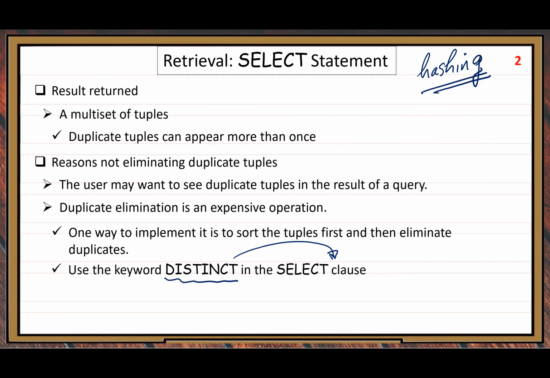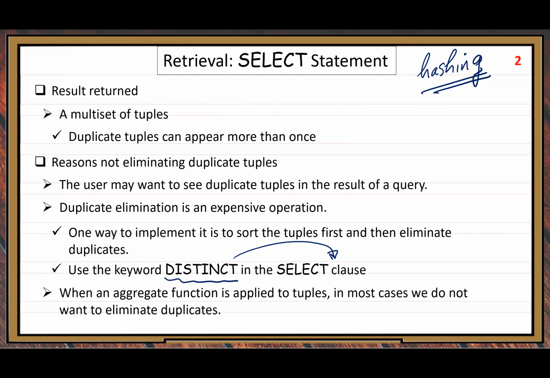Then there is when an aggregate function is applied to tuples. We will learn several aggregate functions, but here I do not go there. We will have a chance later. Like count, which counts the number of rows, maximum, minimum, sum, average: those are the aggregate functions.